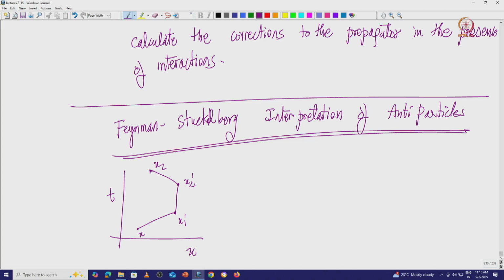Now when the energy is negative, what Feynman and Stueckelberg were saying was that all the lines will always be forward in time. But suppose you have something exotic like pair production.